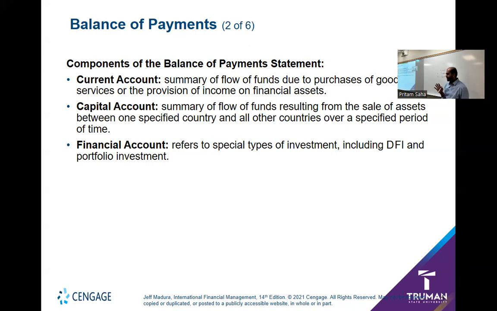Good so far. So some key things you need to know: for any kind of transaction you want to make, could be long-term or short-term, if we make the payment, that is an outflow for us, and that is considered a debit in the statements. If we receive the payment, that is an inflow for us, and that is considered a credit in the statement.